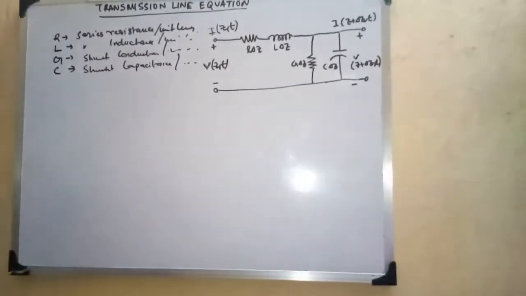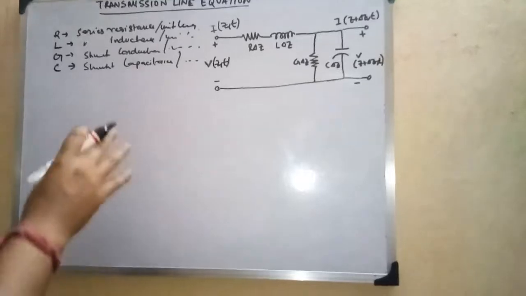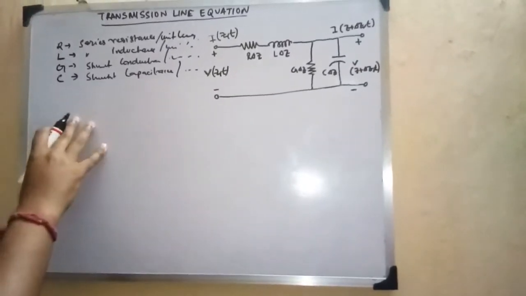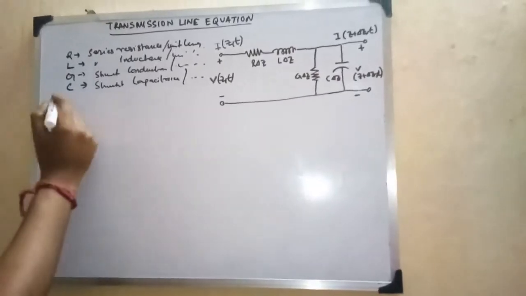Now we will apply the concepts of circuit theory, laws like KVL and KCL. We apply them one by one and we will deduce the voltage and current equations simultaneously, right? So first let us apply Kirchhoff's voltage law.